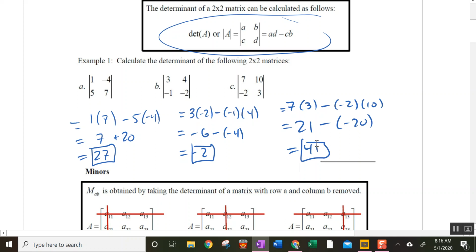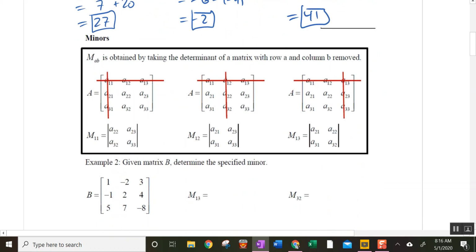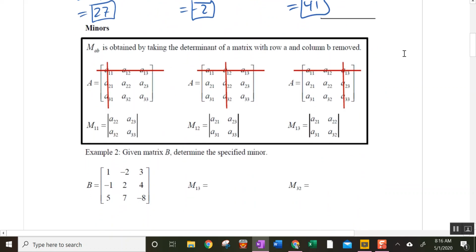For a 3 by 3, it's a little bit more complicated. First thing we'll talk about is minors. For minors, we're actually going to cross out the row and column. So if we're going to figure out the minor for this first term right here, in row 1, column 1, we're going to cross out row and column, and you can see what is left in this matrix is right here.